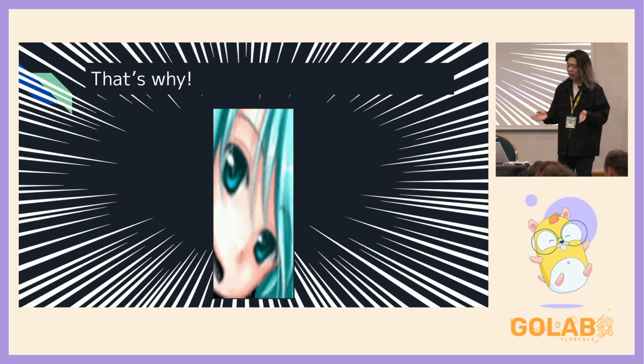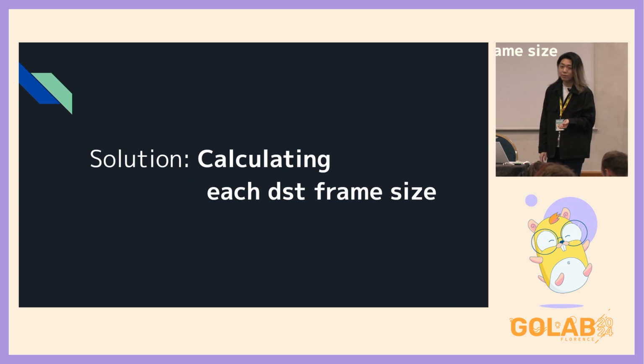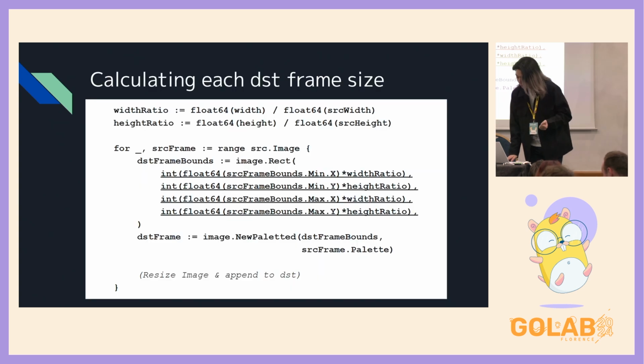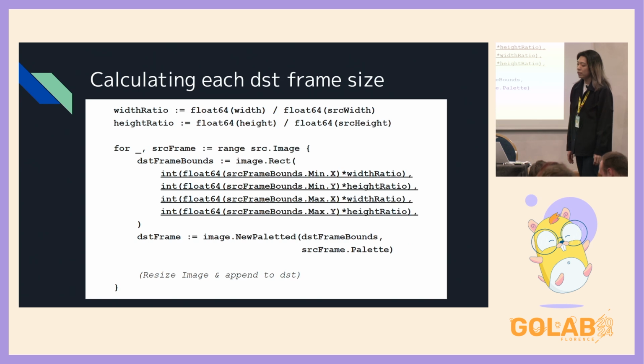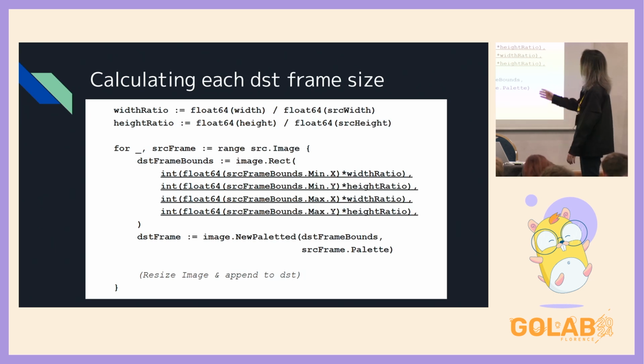So how can we solve this? The key to fixing this issue is calculating each destination frame size correctly. This is additional code we need to implement that. First, we calculate the ratio between the original size and the desired size, right? Next, we calculate the destination frame bounds.